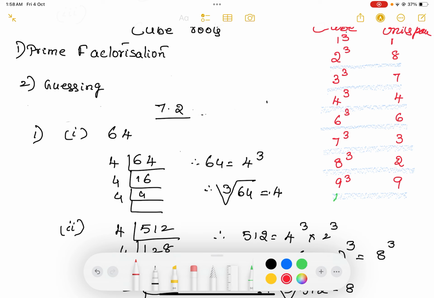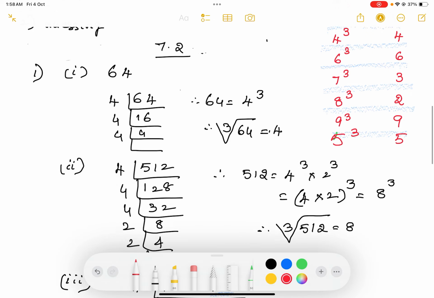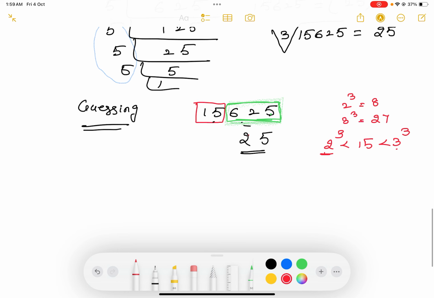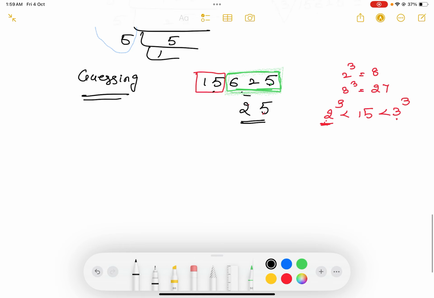So let us write 5 also here: 5 cube whose units place is 5. So 5 is the units place. You can write 5 as the digit, and the remaining digits 15 lie between 2 cube and 3 cube. So you have to always take the smaller number, which is 2, giving 25. This is the guessing method when you know that it is a perfect cube.